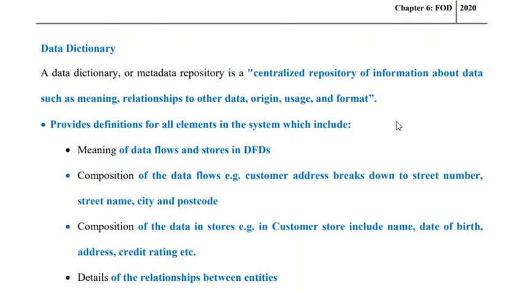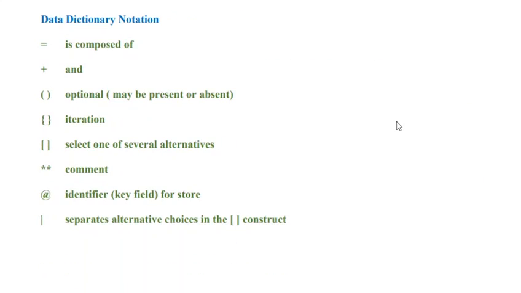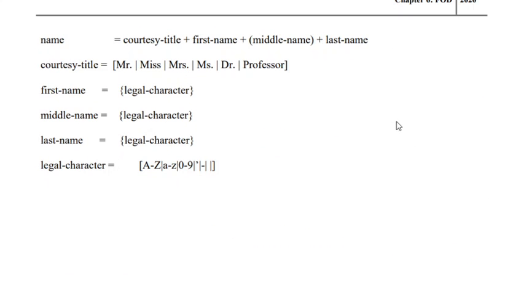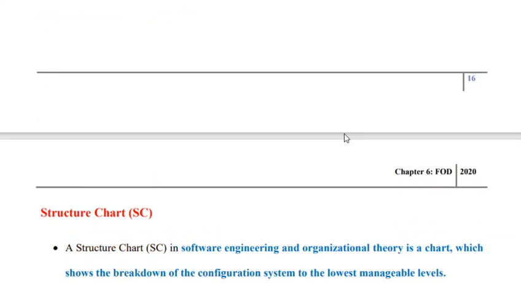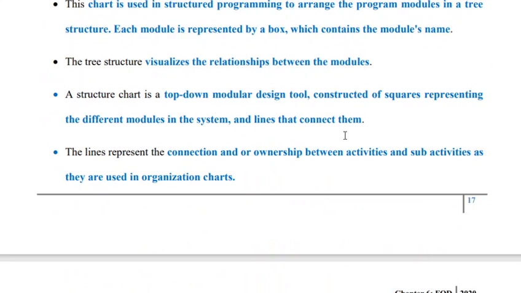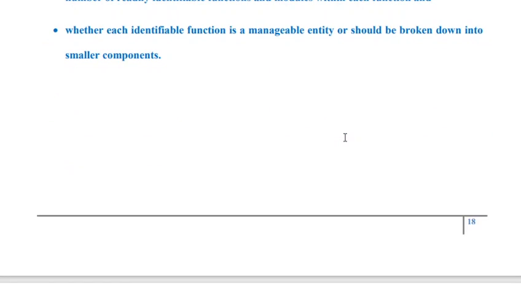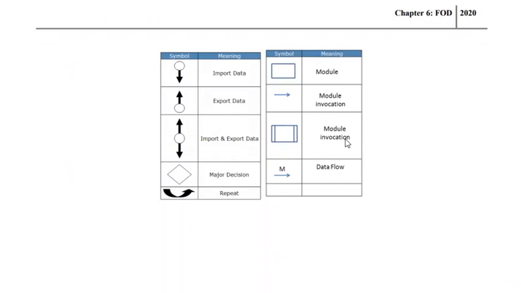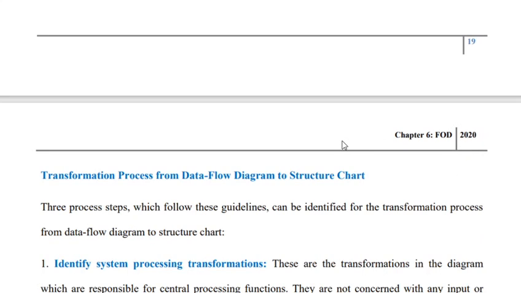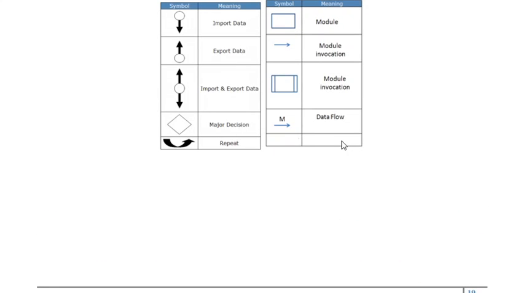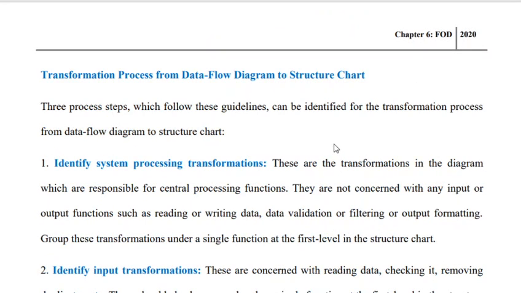We discussed the data dictionary and learned about the various notations in the data dictionary, and tried to understand it with the help of an example. Then we discussed what a structured chart is, the importance of the structured chart, as well as some of the notations. In the upcoming classes, we're going to learn in more detail about the data flow diagram and the structure chart with the help of an example, right?